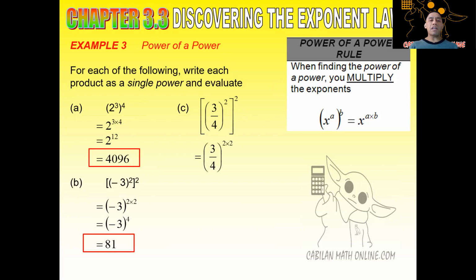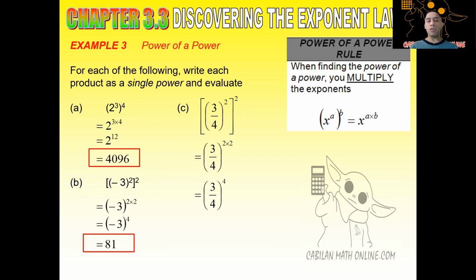All right, so for this next one, for part C, we have 3/4 inside of the brackets squared, and outside of the nested brackets, we have another 2, so exactly the same thing. So we're going to take the 2 and multiply the other 2 to it, which gives me 4.